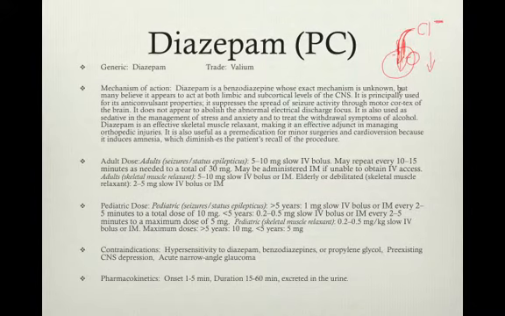So what this medicine actually does is it decreases intracellular action potential generation. Adult dose on this, seizure, status epilepticus, or just a calming effect. We can go up to like 10 milligrams on this drug.